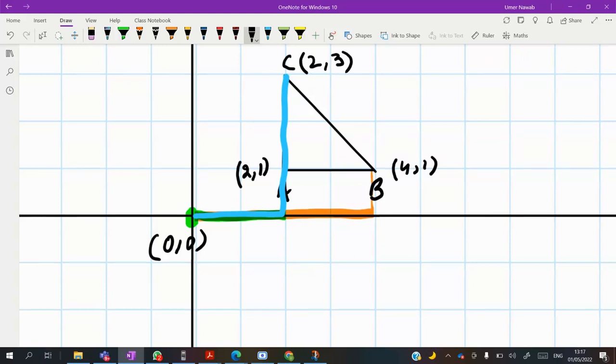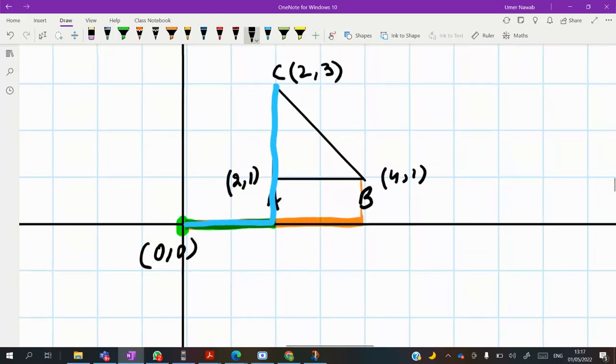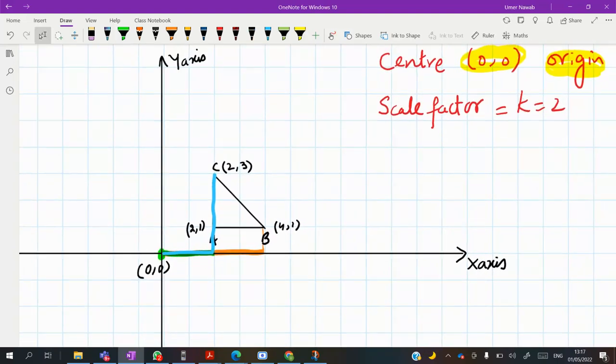Done. Now, after writing the coordinates related to the center, which is the origin, we will write these coordinates here on the side. The coordinates of A are 2, 1. The coordinates of B are 4, 1. The coordinates of C are 2, 3.